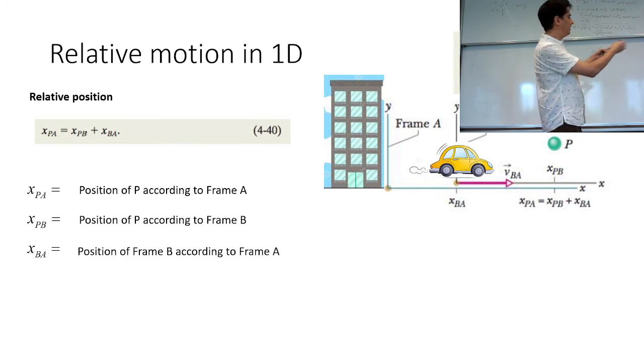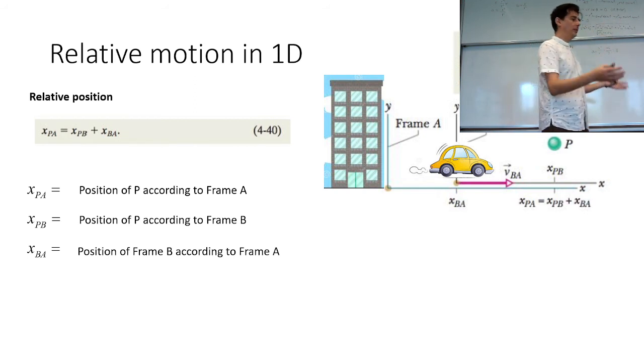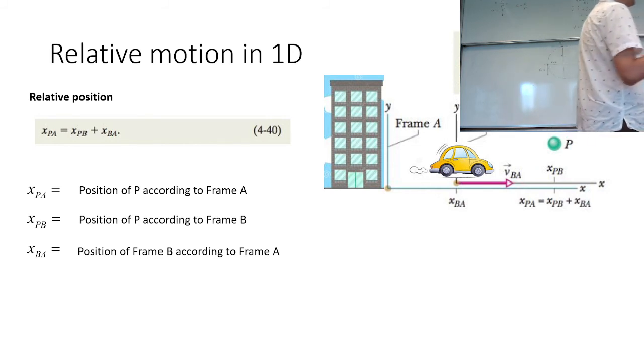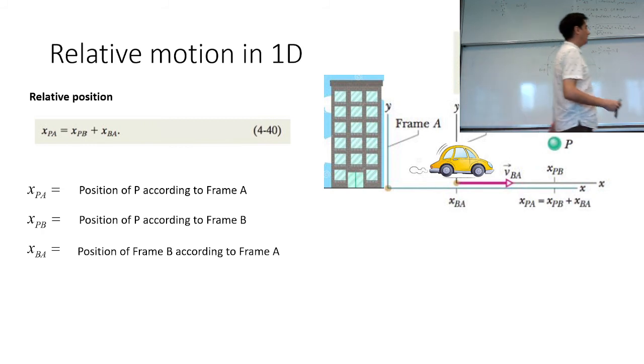That's x for you, this is x for me, and then some relative x, and you can get all tangled up. So I like to be very clear about the notation of these variables. x_PA, I read as position of P relative to A, this is position of P relative to B, and this is position of frame B relative to frame A.